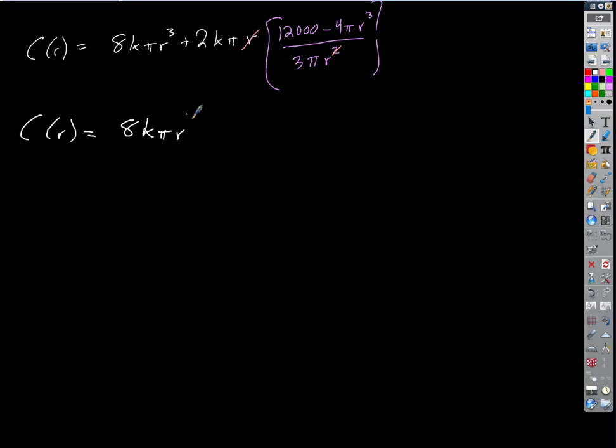8k pi r cubed plus, well, we could just distribute that 2k pi to both terms. So what's that going to give us?